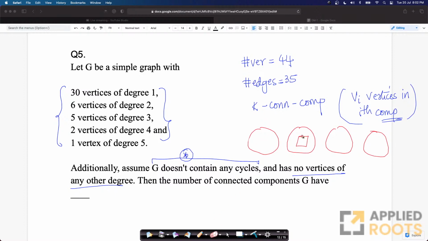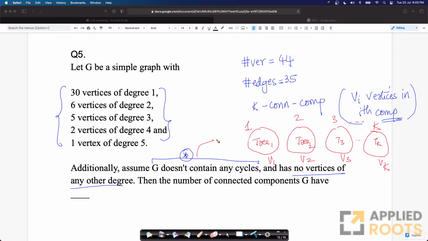That's important. So you have k components, let's say 1, 2, 3, so on and so forth, k components. Then let's say there are V1 vertices here, V2 vertices, V3 vertices, Vk vertices. Each of them is a tree because the graph does not contain any cycles, right? This is tree 1, tree 2, tree 3, so on and so forth, tree k.